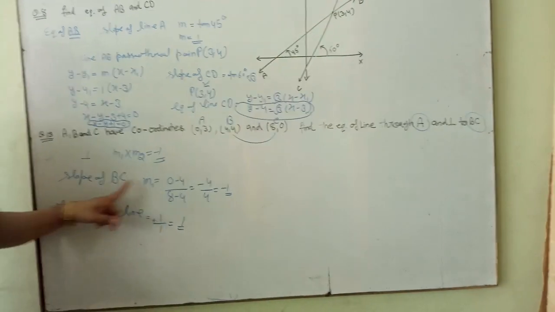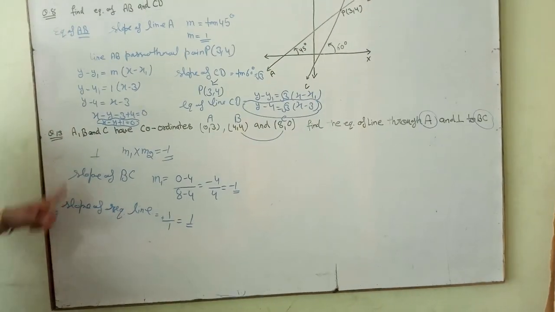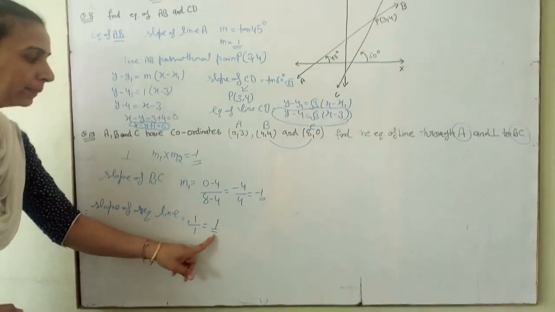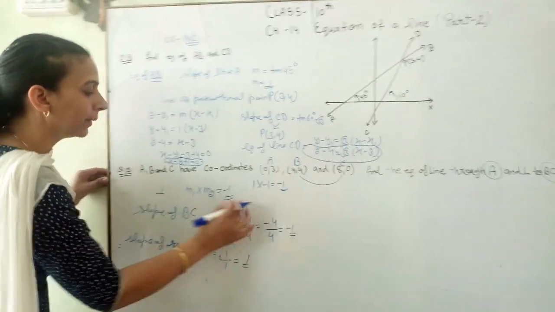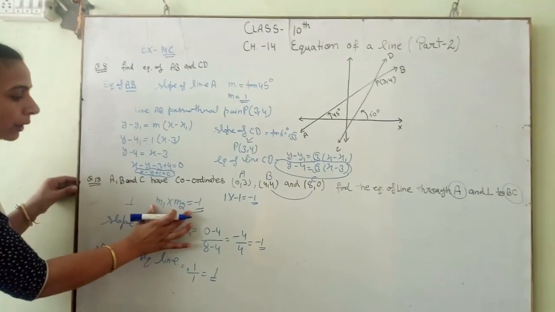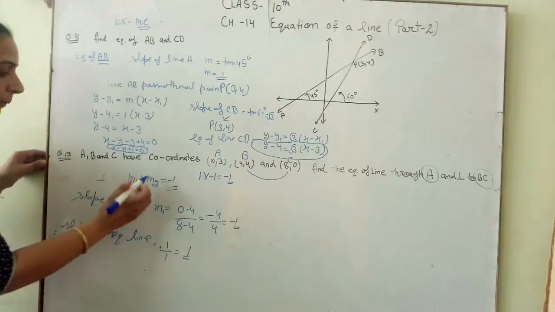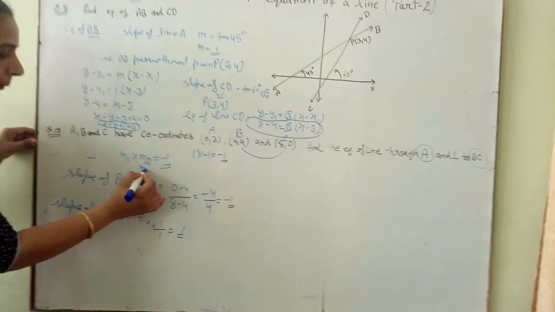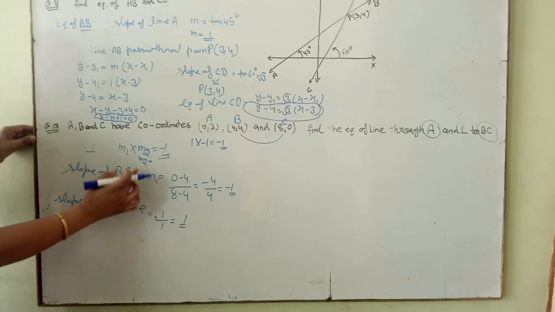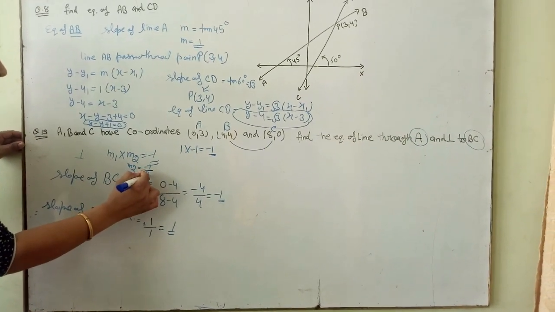If the slope of BC is minus 1, then the slope of the required line equals 1, because the product of 1 and minus 1 equals minus 1. If two lines are perpendicular, then the product of their slopes equals minus 1. If the slope of BC is M1, then the slope of the required line M2 equals minus 1 by M1.